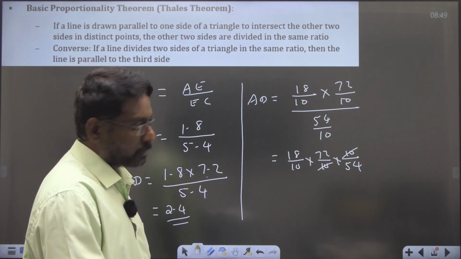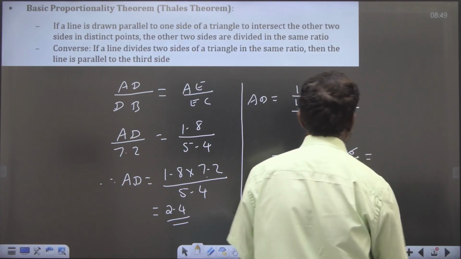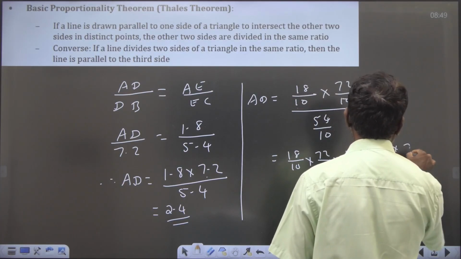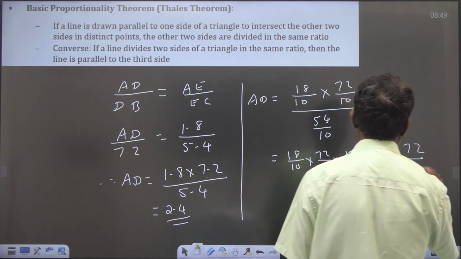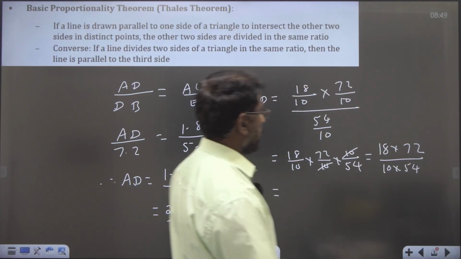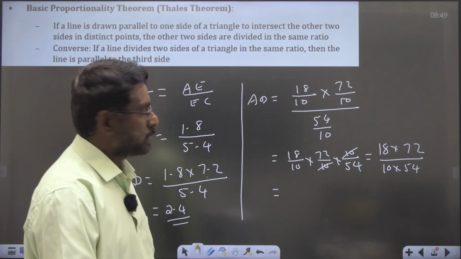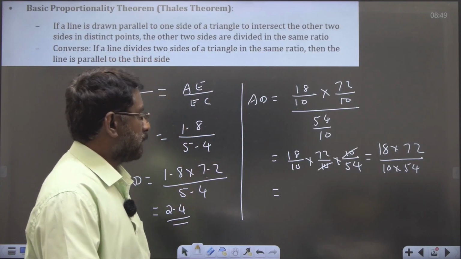Then 18 into 72 divided by 10 into 54. Again you can simplify. That is 18 into 72.